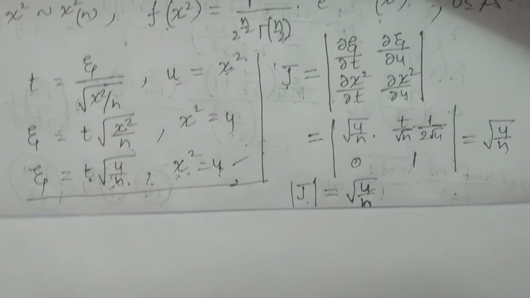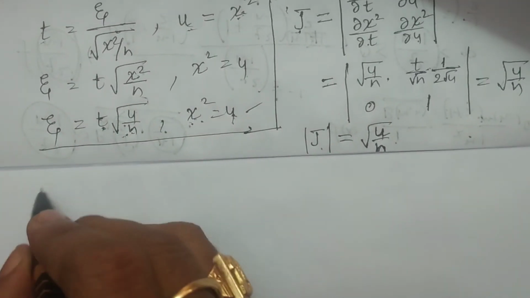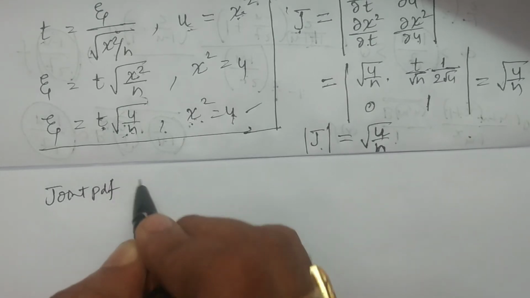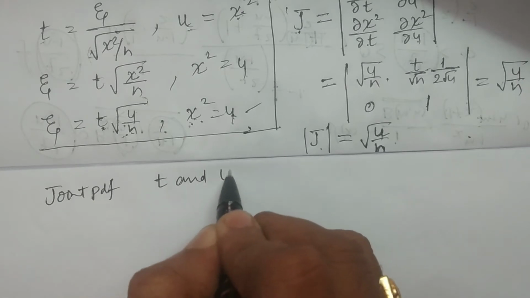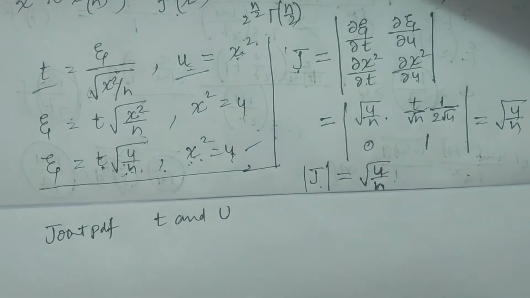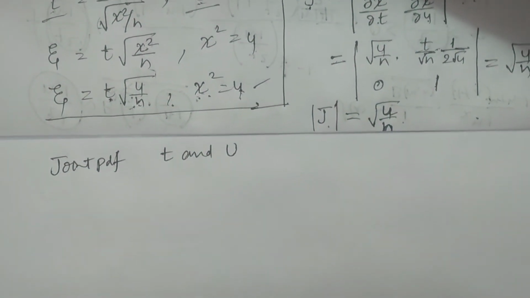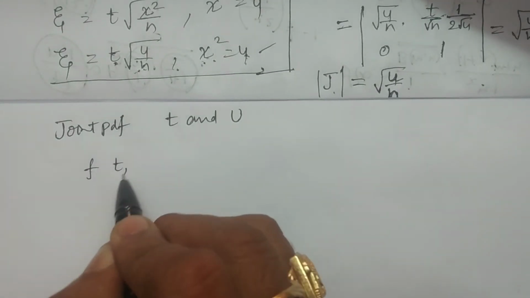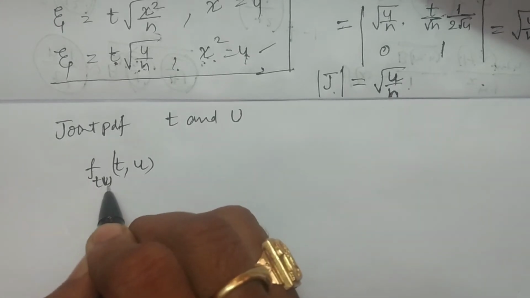Now by using the two variable transformation method, first of all we calculate the joint PDF, the joint probability density function of t and u. So we calculate for the new variables t and u the joint density function first. The joint PDF of t and u is going to be calculated by f of t comma u, for the variables t and u, it is u, not v.